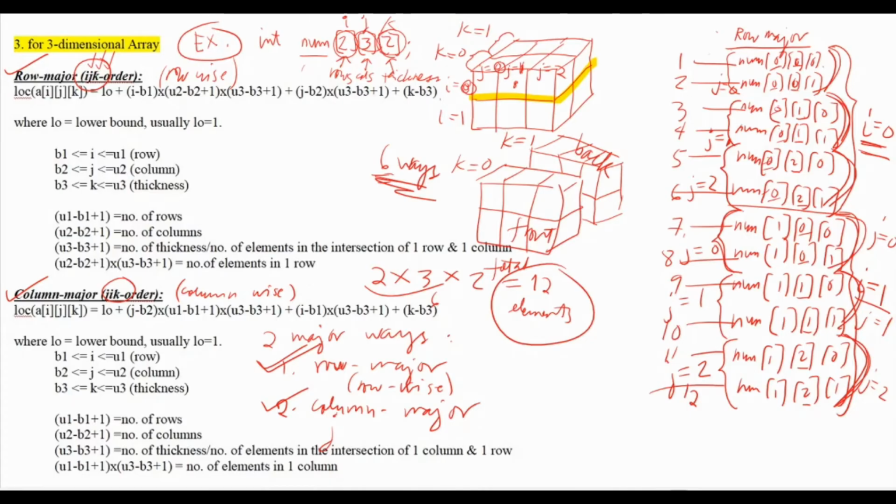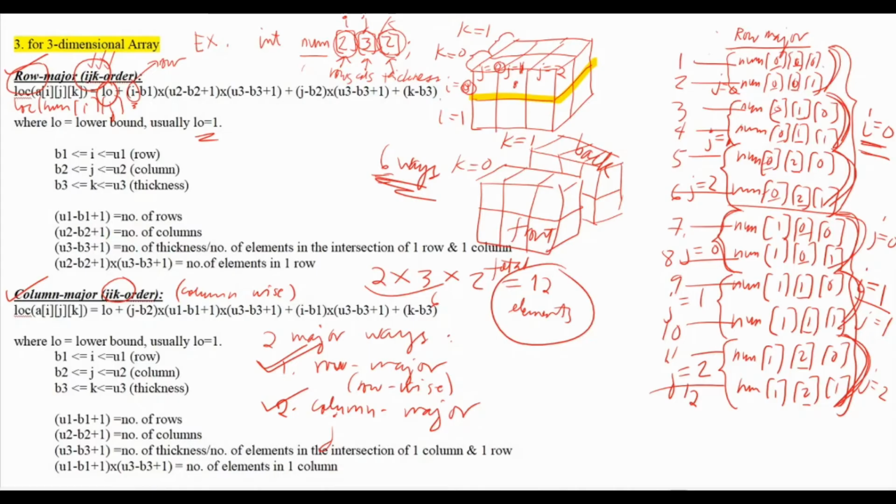So we now have here 3 indices. Say this is locate num I, j, k. We start with L sub O just like in 1D and 2D. L sub O, which is set to 1, plus for row-wise or row major, our primary reference is the row. So that is why that is I, the row index, because this is row major.